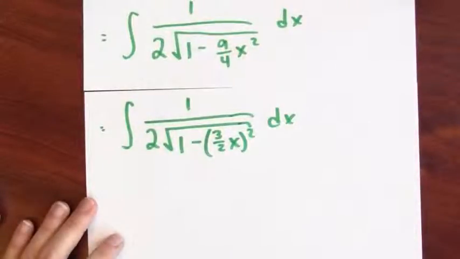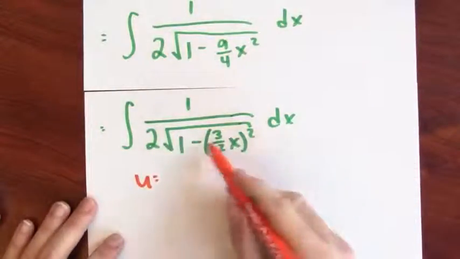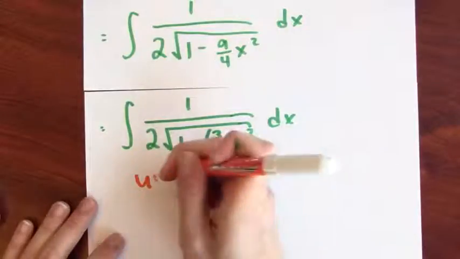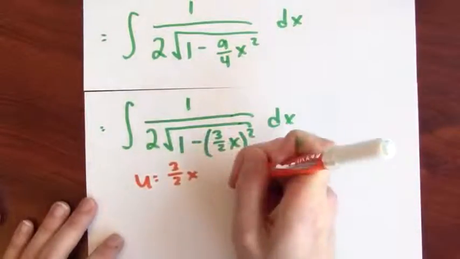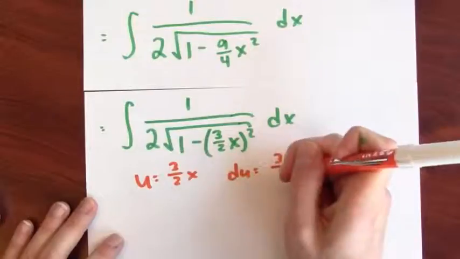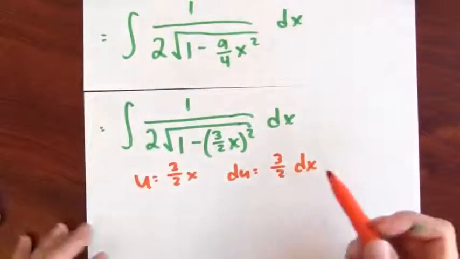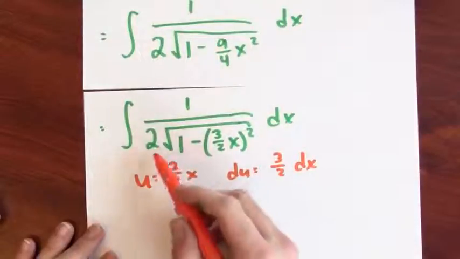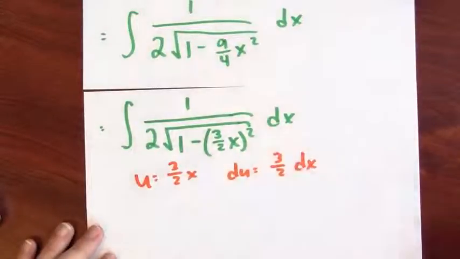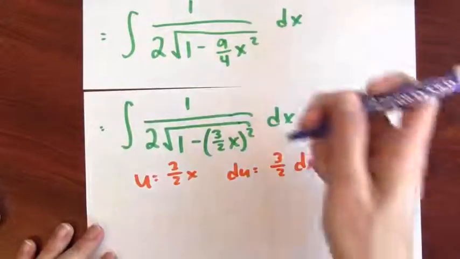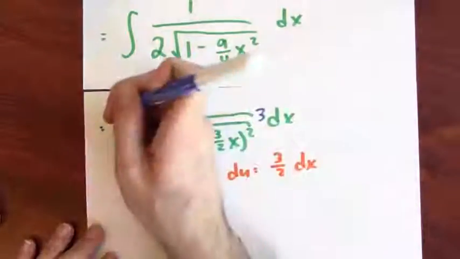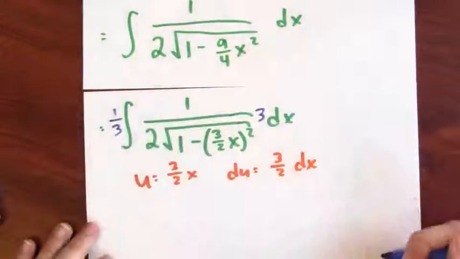And now I'll make a u substitution. I'll set u equal to 3/2 x, so that du is 3/2 dx. And now you're going to complain, well, I don't see a 3/2 dx. Now you do have a 1/2 dx here, and I can manufacture a 3 here as long as I'm willing to put a 1/3 on the outside.